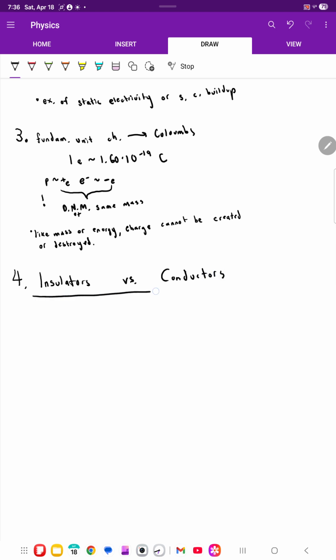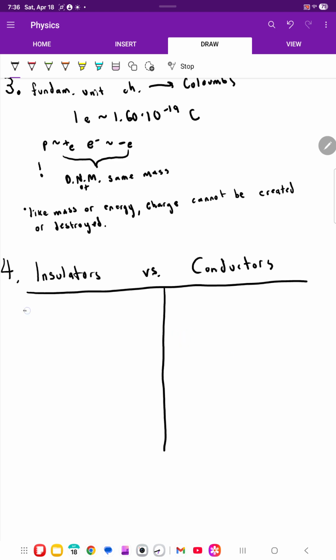We learned that insulators do not spread charge easily over the surface. These could include your nonmetals on the periodic table.